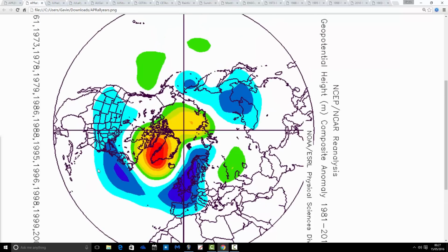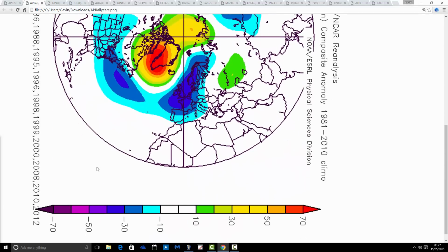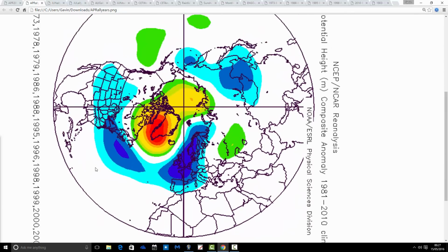So what we look back on is past years that had this kind of pattern in April, and we discovered that there's 17 years back to 1950 that has extensive northern blocking over the pole and over Greenland in the month of April. The first year is 1953, and the most recent year before 2016 was 2012.